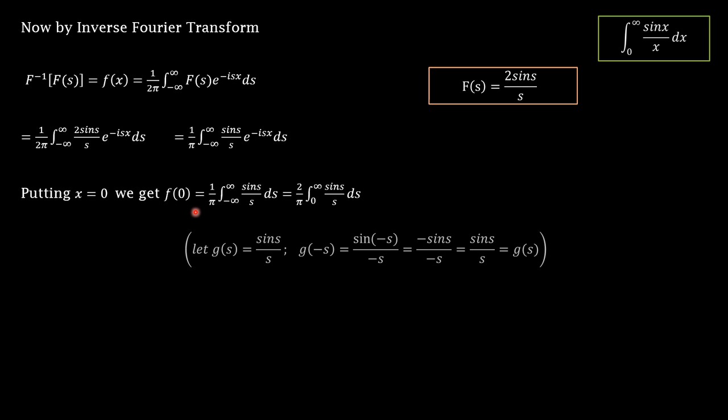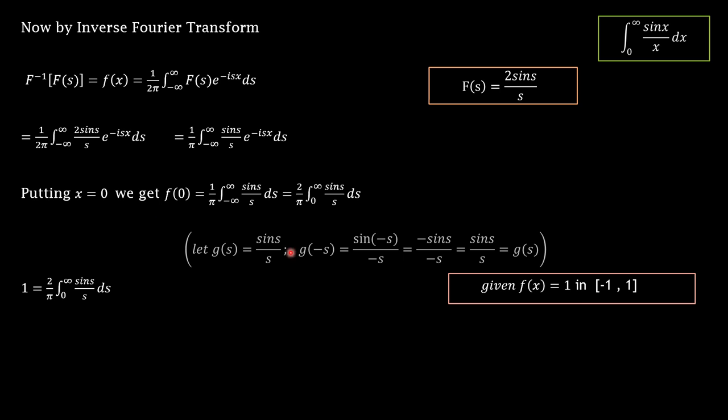What is the function value at x equal to 0? The function value at x equal to 0 is 1, because the function is defined as 1 for all values of x lying in the closed interval minus 1 to 1, and 0 is a point which lies in the closed interval minus 1 comma 1. So what will be the function value then?